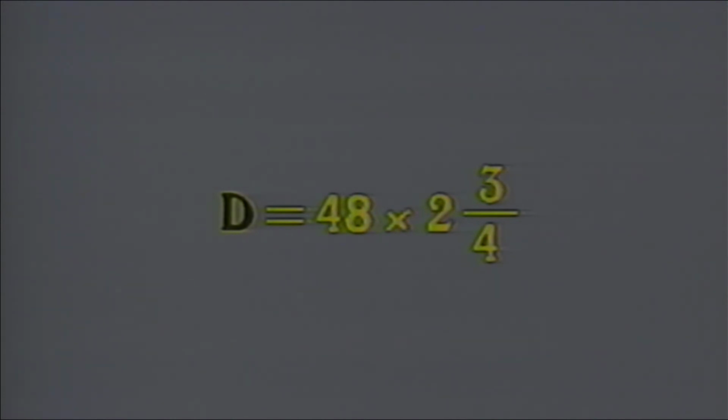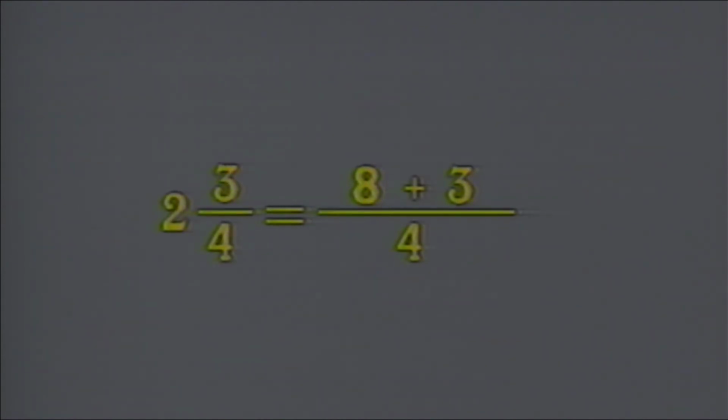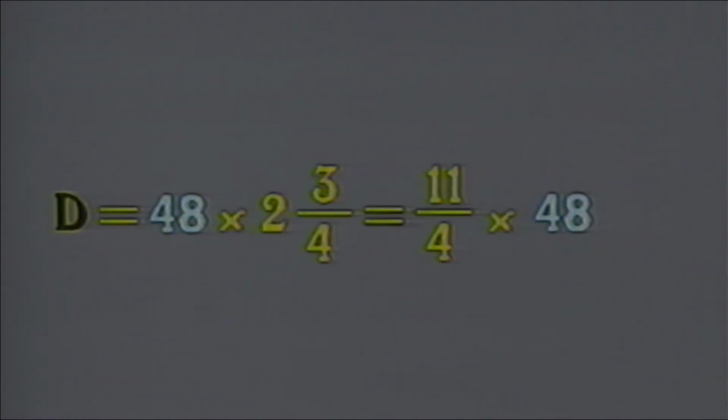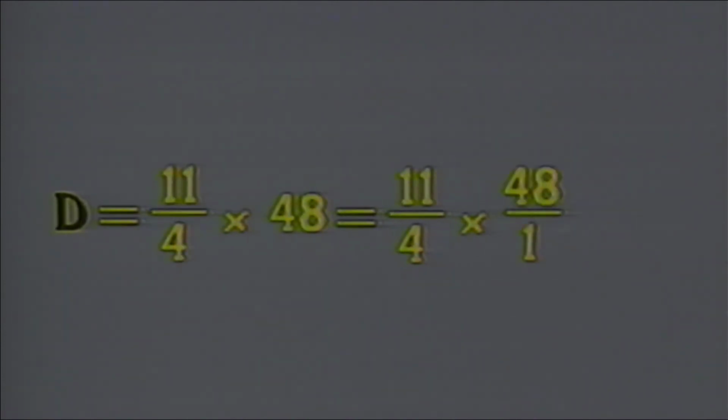Let's first change 2 3/4 into an improper fraction. 2 3/4 equals 11/4. Now, multiply 11/4 by 48. This equals 11/4 times 48 over 1.